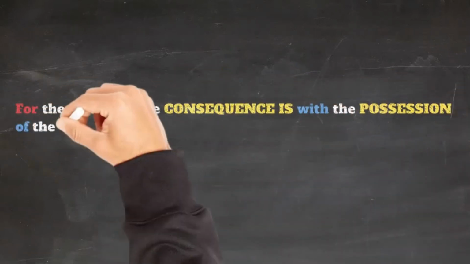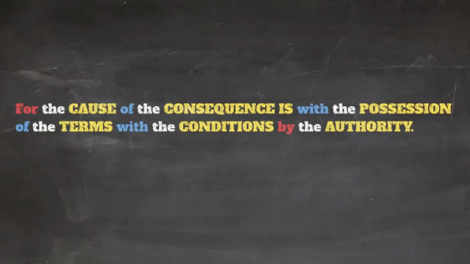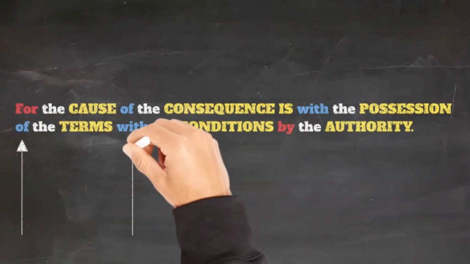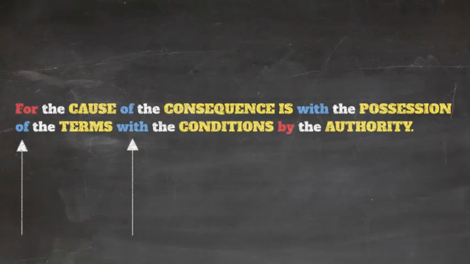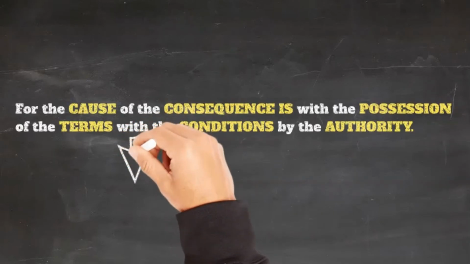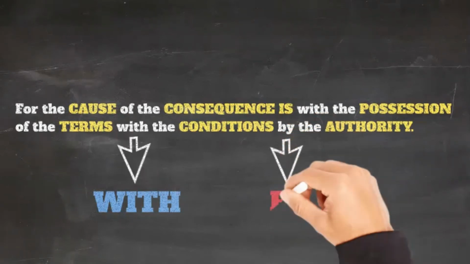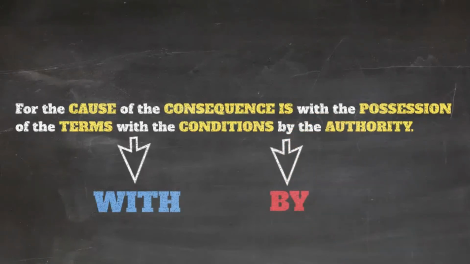The placement of the positions are very important for our sentences to be read forward and backwards. You will notice that the terms and conditions are certified with the positions of and with. For this sequencing to work, the position with must always come before the position by.